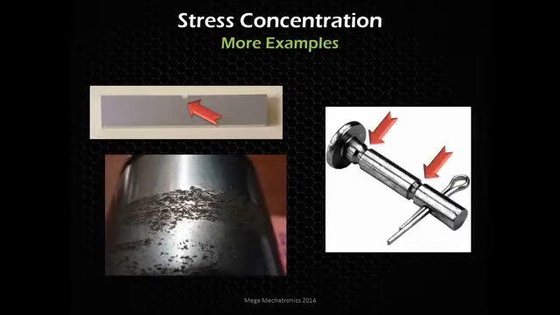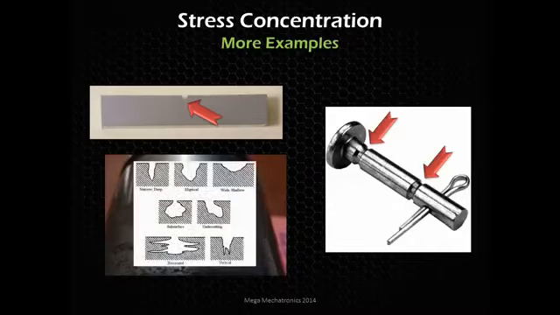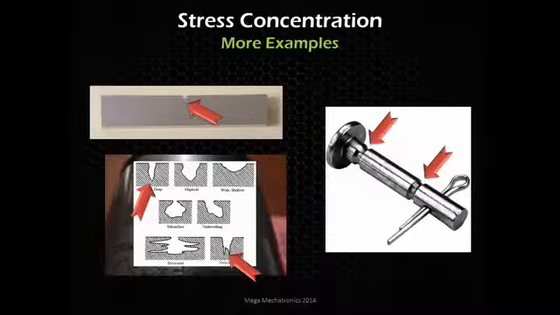And over here we have corrosion pitting, and this creates stress concentrators. You see at a microscopic level, a couple of pits here have some very deep and sharp points of stress concentration. All of these are examples of a stress concentration.